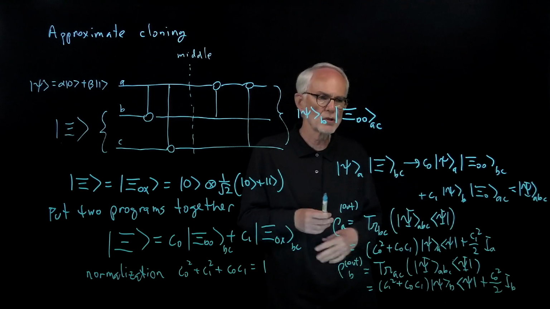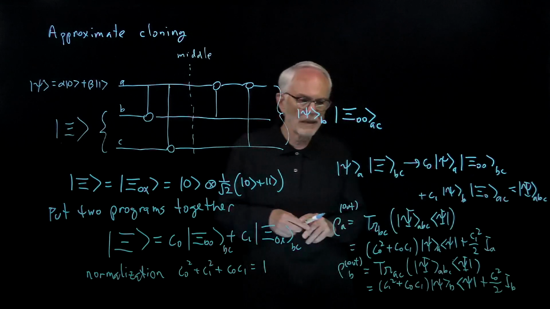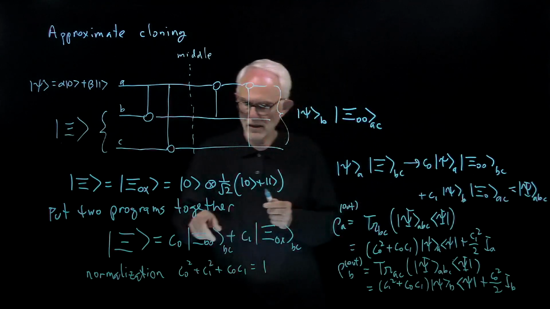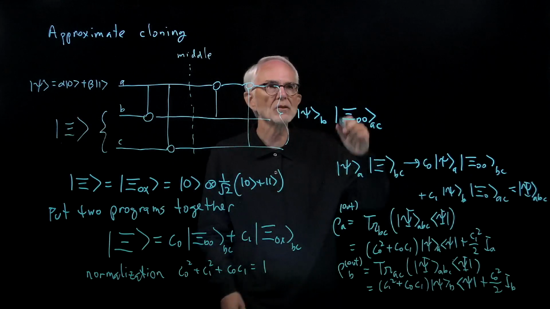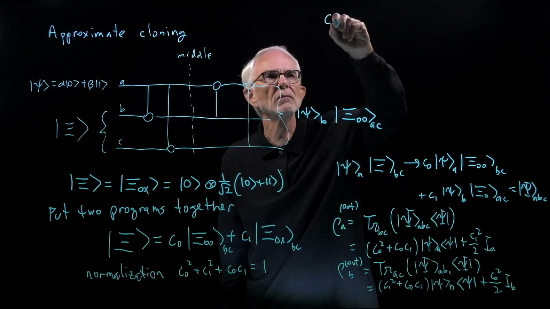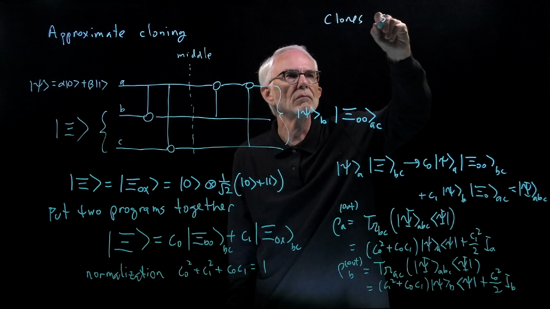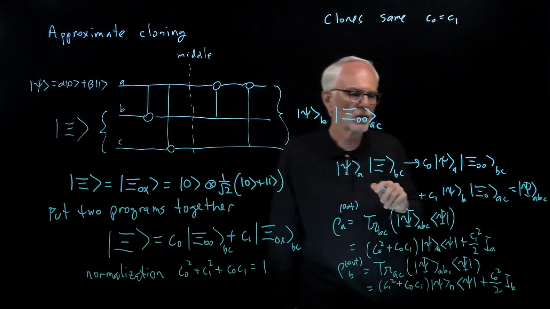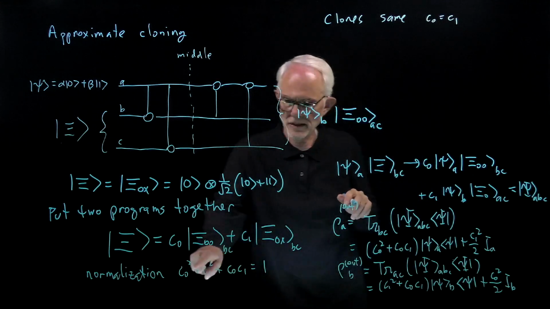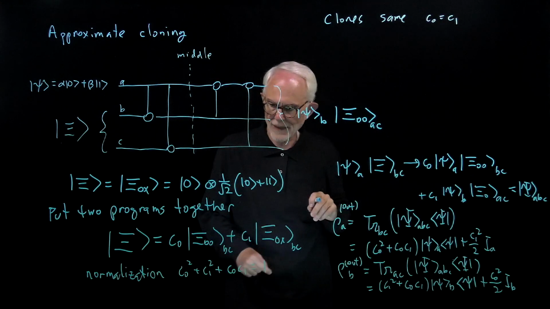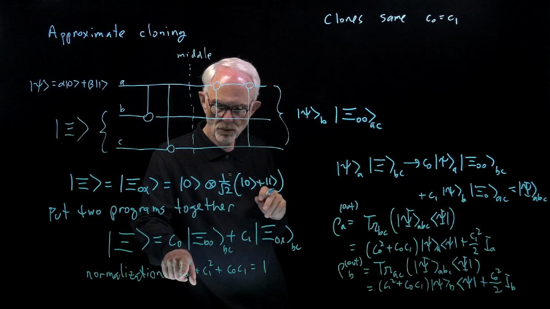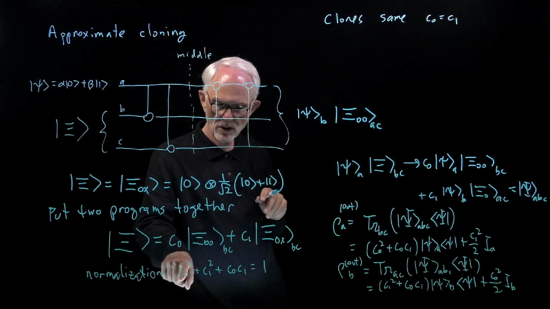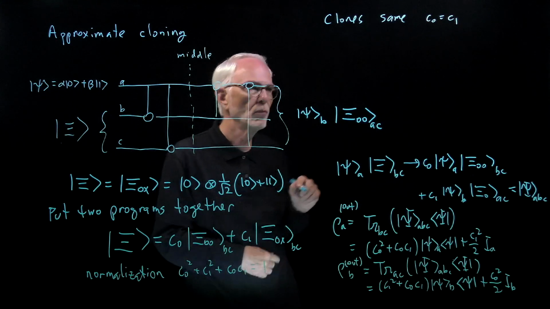Usually we would like the clones to be the same. So that means that what we should do is we should choose C0 equal to C1. So clones same. And if you look at the normalization condition, which is down here, if they're each equal to 1 over square root of 3, that's going to work, because that would give me 1/3, 1/3, and 1/3.